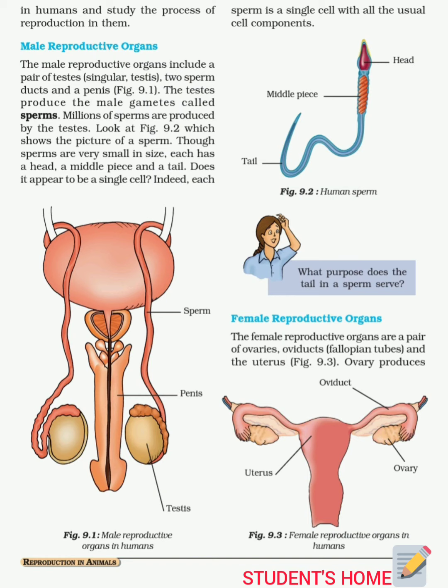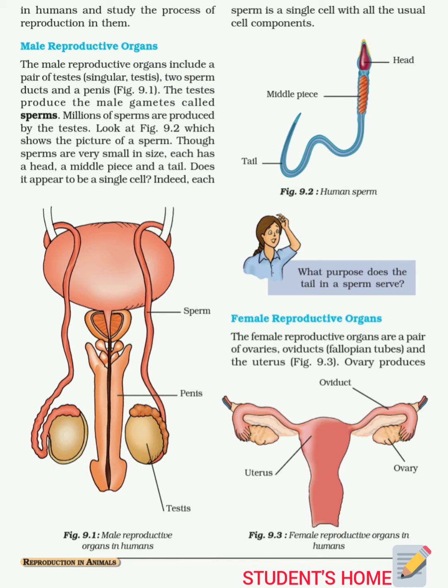Millions of sperms are produced by the testes. Those sperms are very small in size. Each has a head, a middle piece, and a tail. Does it appear to be a single cell? Indeed. Each sperm is a single cell with all the usual cell components.